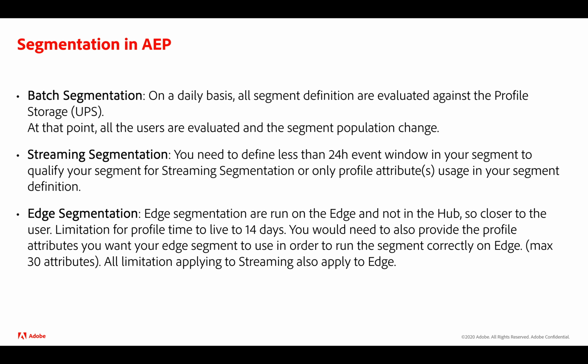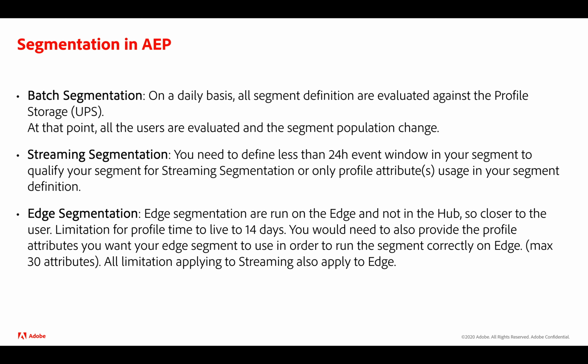On streaming segmentation, this is more constricted by the type of qualification you're looking at or the criteria. It's either defining an event based on an event, for example, a purchase has happened, which is less than 24 hours. So if you are doing segmentation with, for example, purchase done in the last 3 months, this is more than a 24 hours window, so this cannot be a streaming segment. So that you need to be aware. Normally, your Adobe representative or your consultant will be aware of this kind of details.